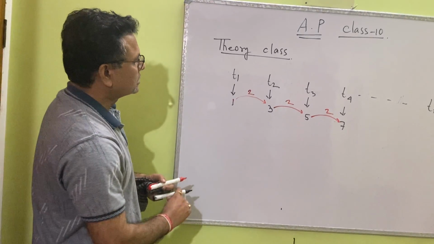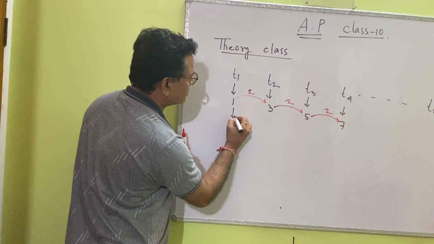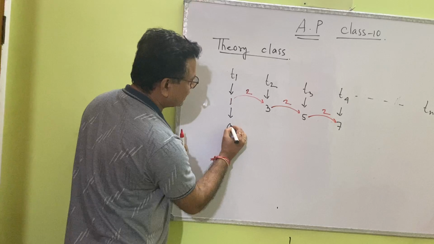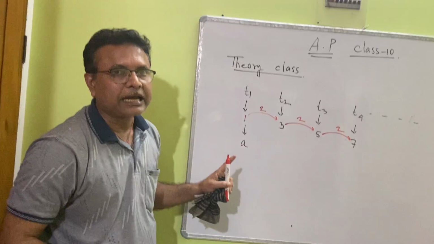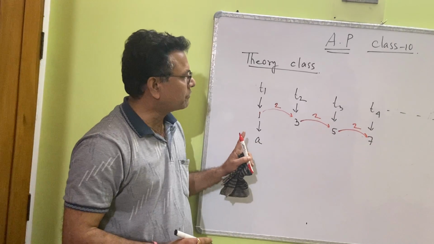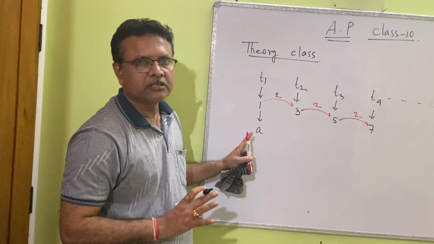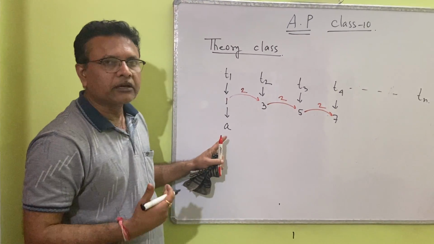Now let's see. The first term I am denoting by A. If the first term is denoted by A, remember this is the standard notation. In AP or GP, I am not discussing GP right now, later on I will discuss.